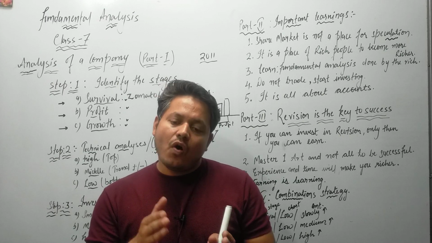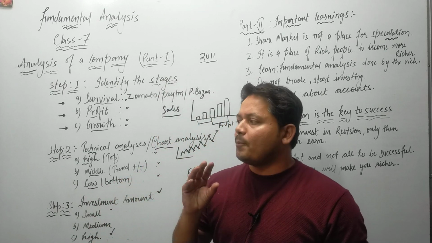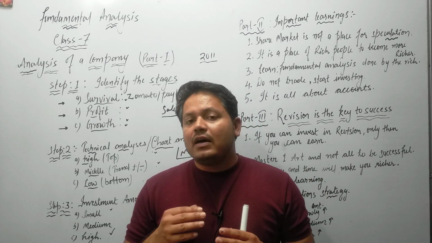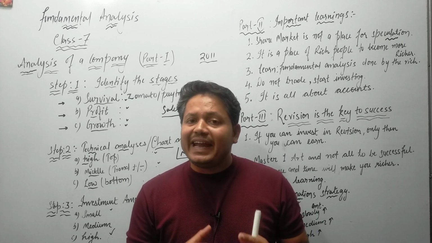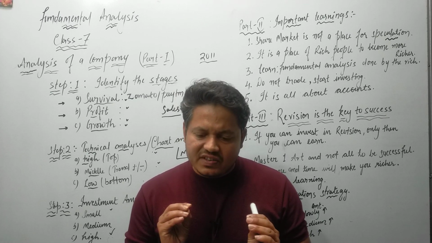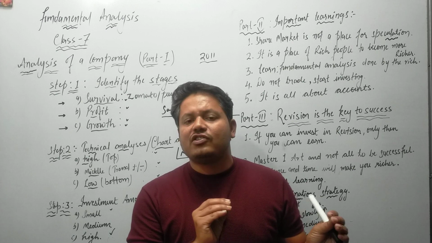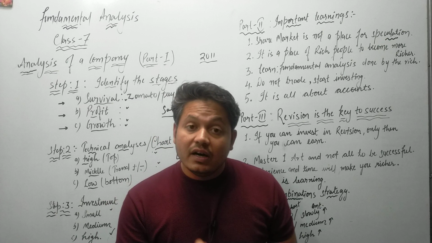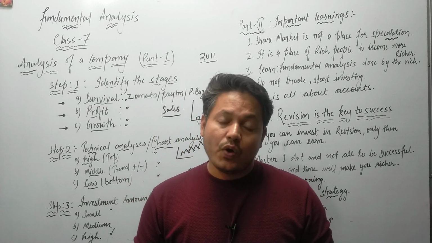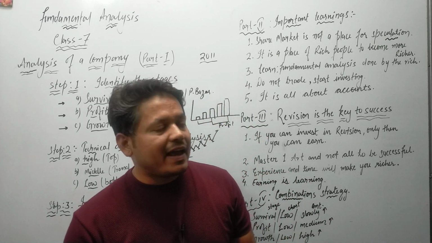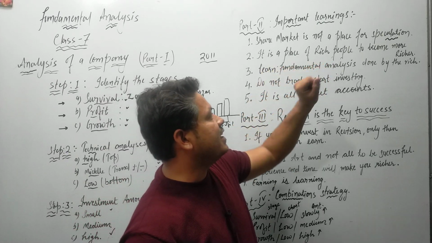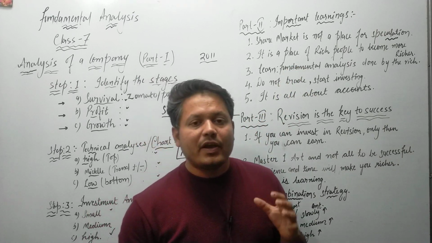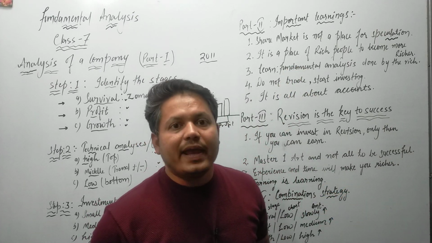Wealth advisors or investment bankers are the people who are highly qualified, who have gained that knowledge by investing time and money into that specific sector. This is a sector where you learn and then you earn. Okay? So do not speculate. It is a place for the rich people to become even richer. Learn fundamental analysis because this is the only way to make money.